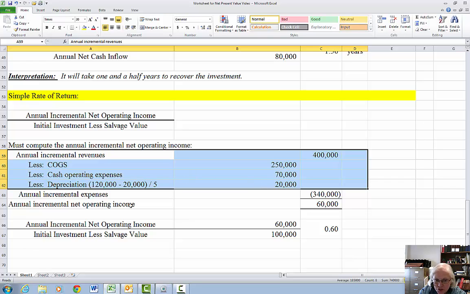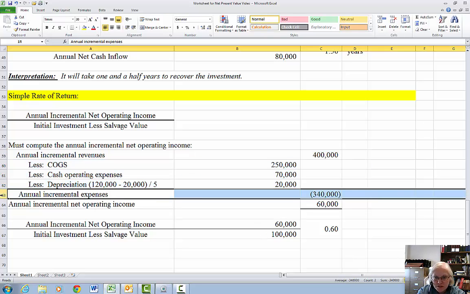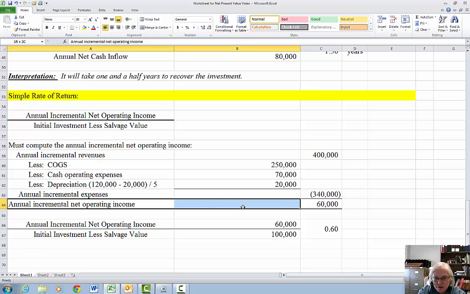Cost minus salvage will be our denominator in our fraction. So the incremental expenses are 340 subtracted from the 400,000 incremental revenue gives us incremental net operating income.